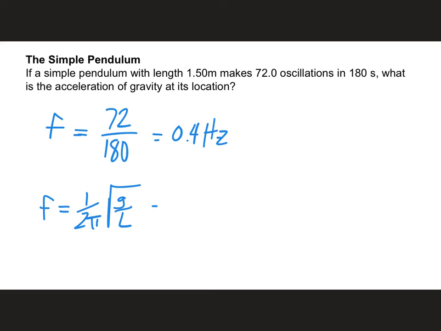Okay, what's the acceleration of gravity at that location? So you solve all of that, 4 pi squared f squared L, and you get 9.47 meters per second squared. So you go up on a really high mountain where gravity is slightly less than what it is down on the ground at 9.8. We could do this with the pendulum.